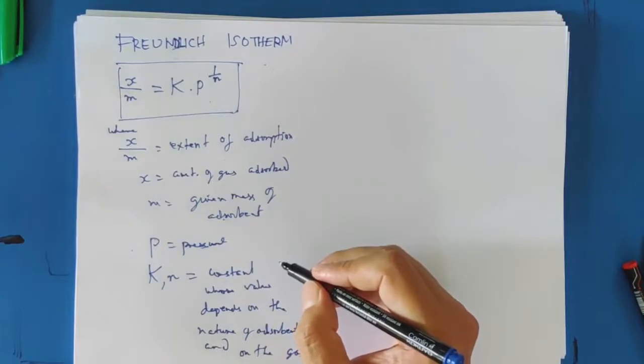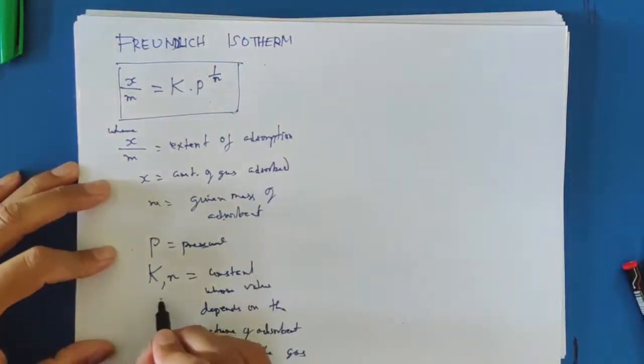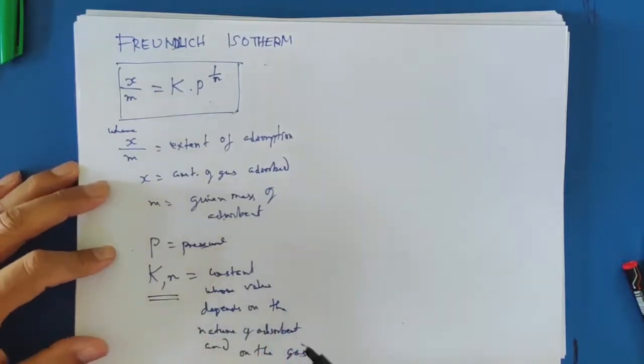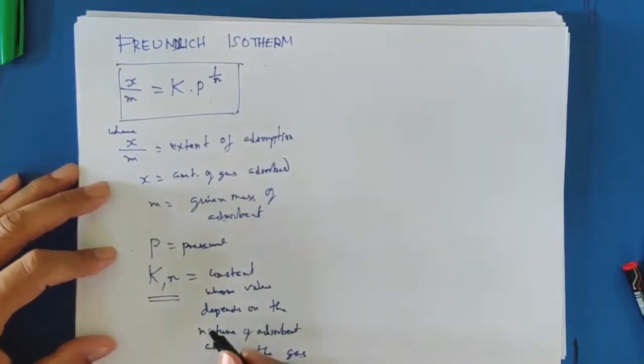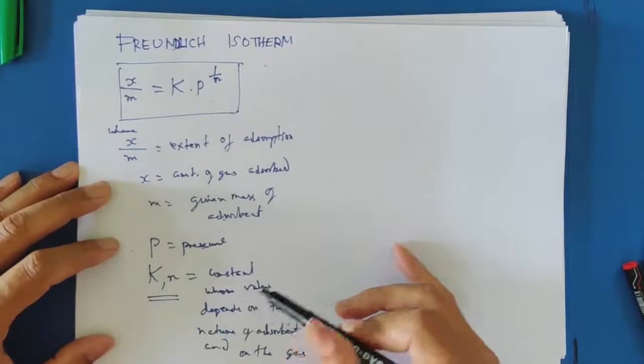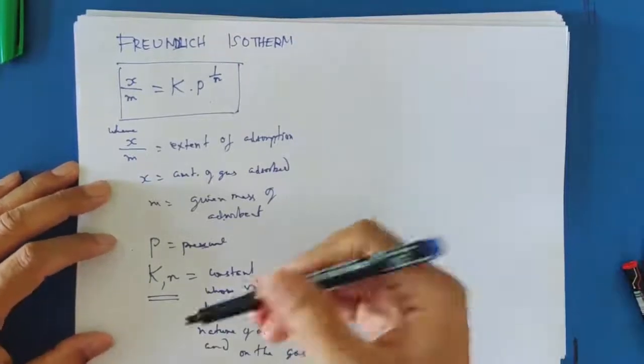That is what it means by constants whose values depend on these.